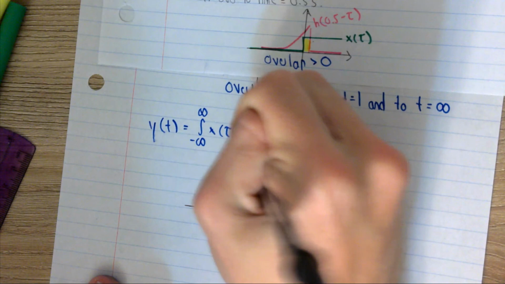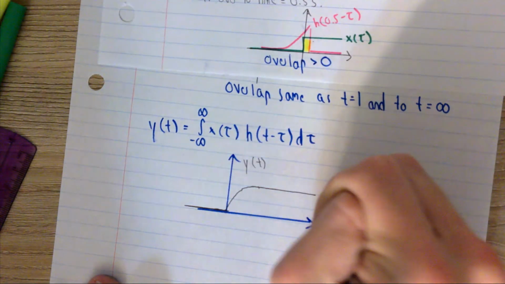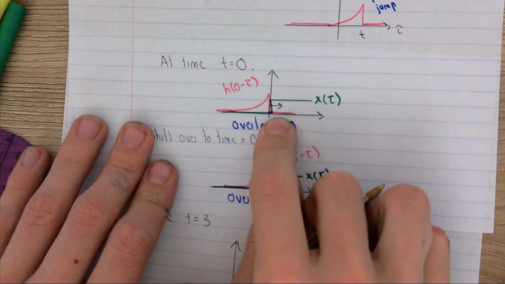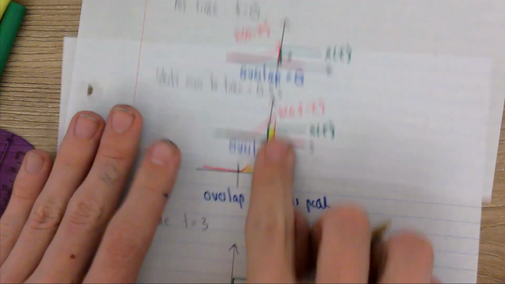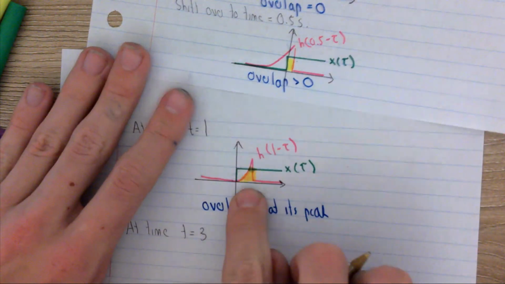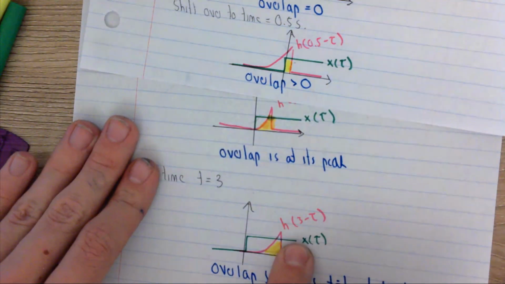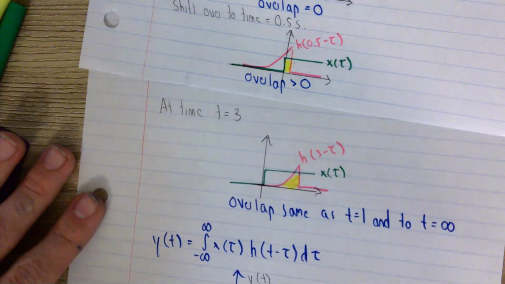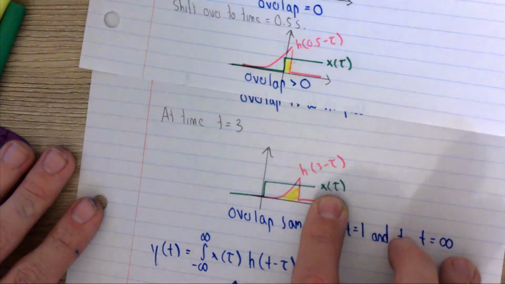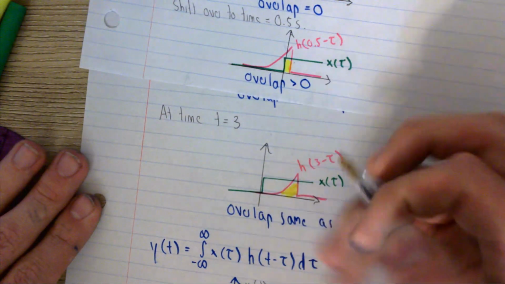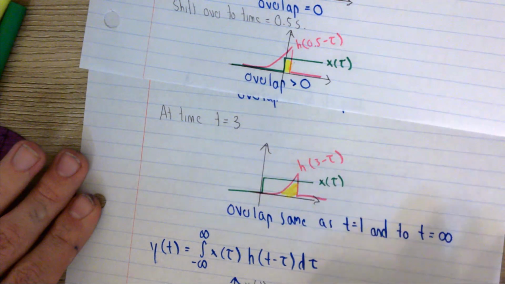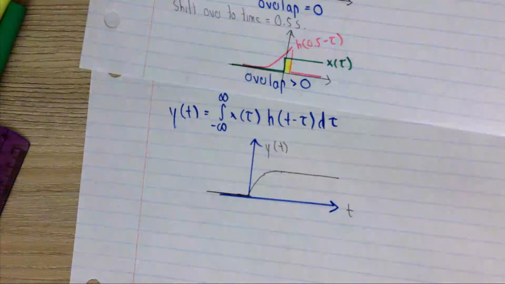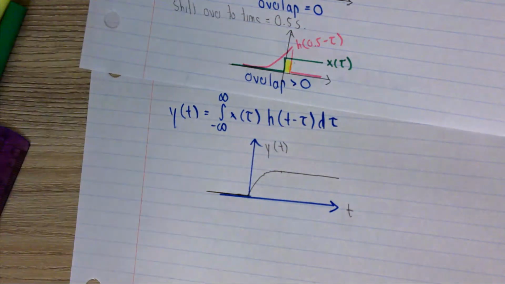It shows that in the beginning there was no overlap between the two, then there started to be some overlap, it reached its peak value, and then it stayed the same because of the unit step response. If there wasn't a unit step response here, if it turned off somewhere, then the area would go back down to 0 on the curve. But that is the explanation of convolution and how it works.